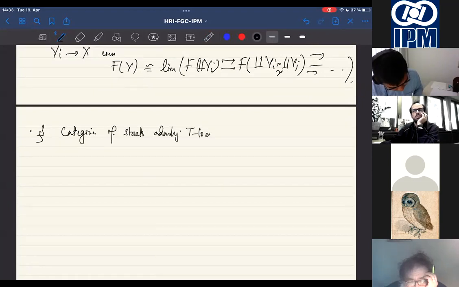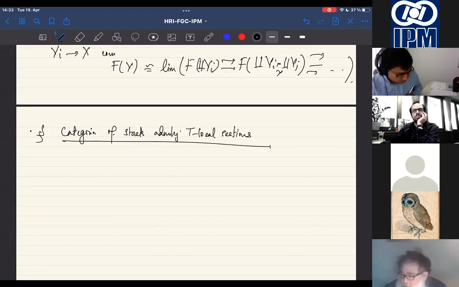Now we go into the category of stacks admitting τ local sections. This is the mechanism that we are trying to define, this extension of the functor from schemes to algebraic stacks. We want to work on 2-categories, because algebraic stacks are actually 2-categories, since you have two morphisms between them.